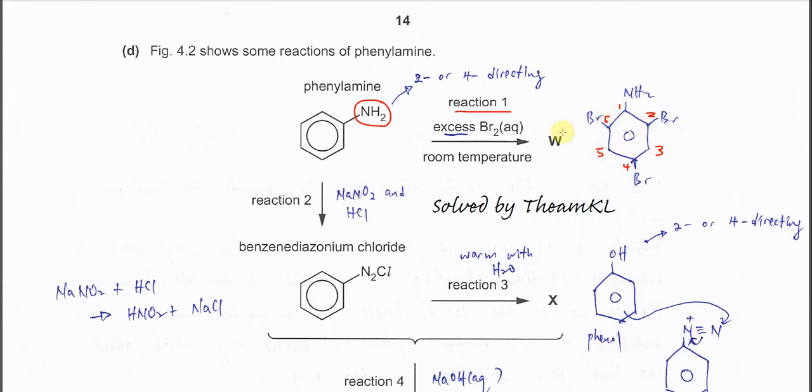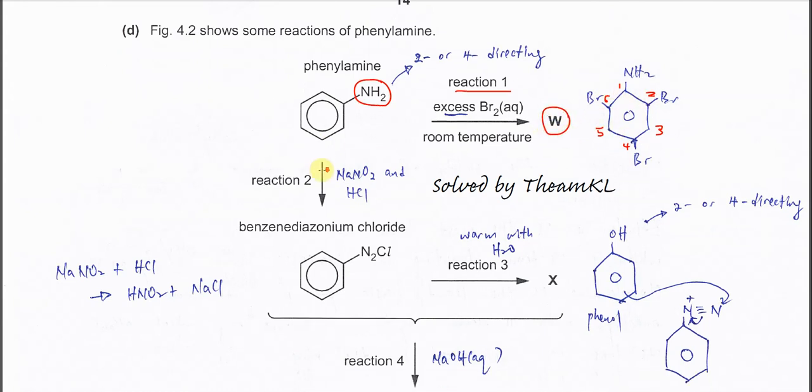So whenever there is excess bromine, the phenylamine undergoes electrophilic substitution at the 2, 4, 6 positions, so it will form this 2,4,6-tribromophenylamine. This is the compound that forms W.